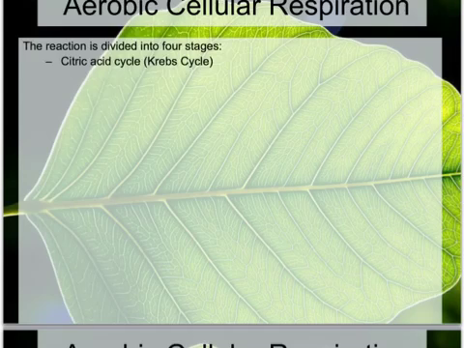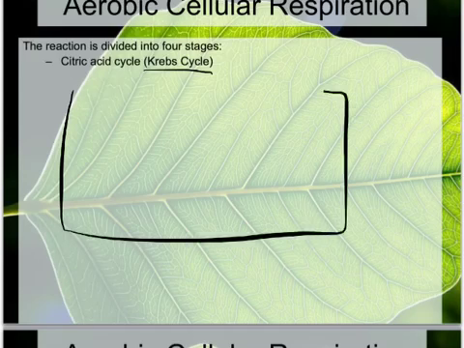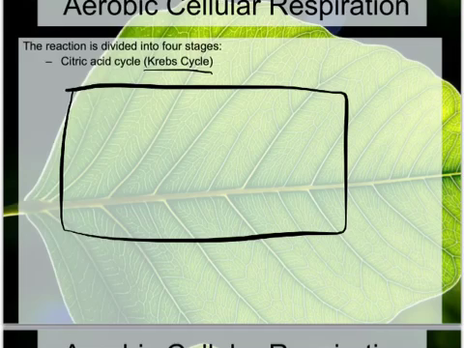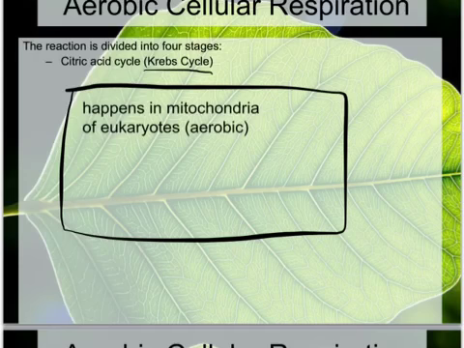The next stage is called the citric acid cycle, also named Krebs after the person who discovered it. In my Krebs box, first thing I want this to say, it's the same as last time. So its location, this time, just like the oxidation of pyruvic acid, happens in mitochondria. So it happens in the mitochondria of eukaryotes, okay?